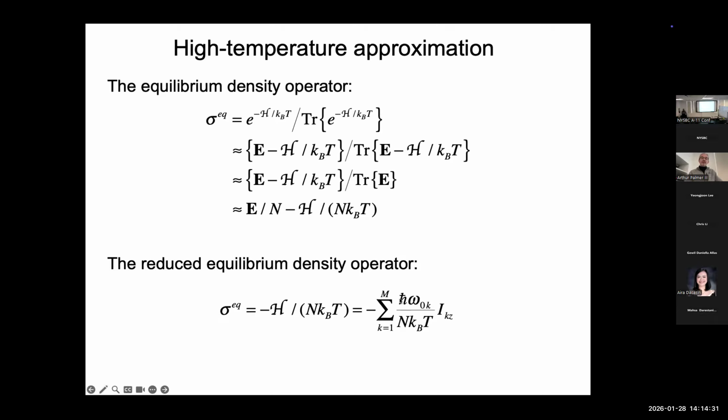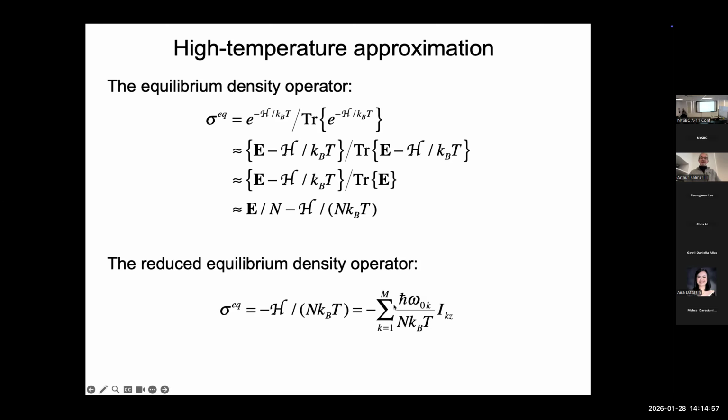We already said we're going to work in units of h bar equal to 1. Most of the time, N over kT won't be written. And the omega won't be written if I'm talking about a homonuclear spin system, or if it's clear what I mean by different spins. I don't want to get mixed up.